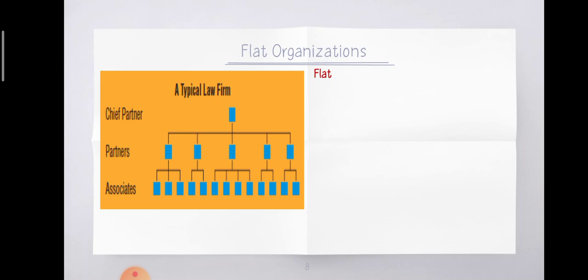Now, when we say flat organizations, say for example Johnson & Johnson has a factory or an organization in Maasin and also in Macrohon. Macrohon has a different decision-making process.